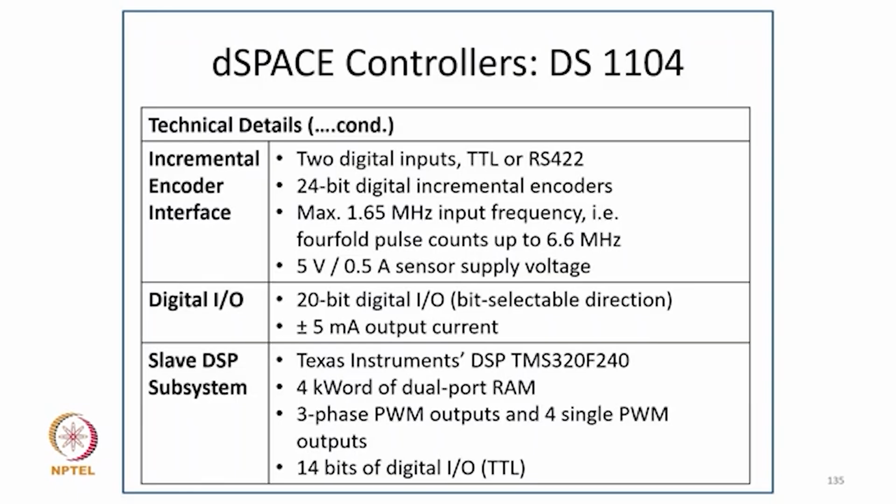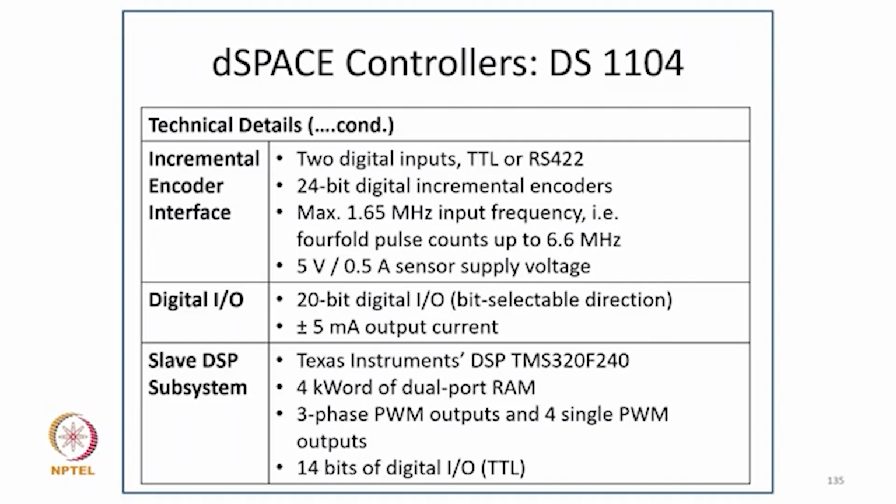RS422. And the incremental encoder interface is two digital inputs, TTL or RS422, 24-bit digital incremental encoders, maximum 1.65 megahertz input frequency, that is per default pulse count up to 6.6 megahertz, and 5 volt or plus 0.5 sensor supply.